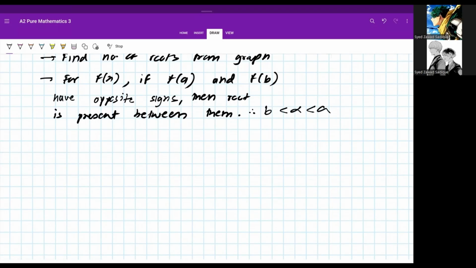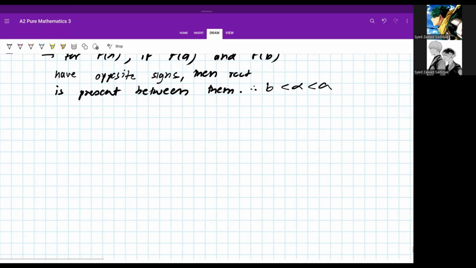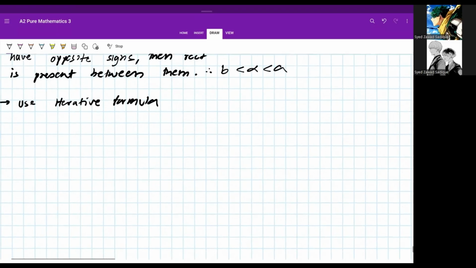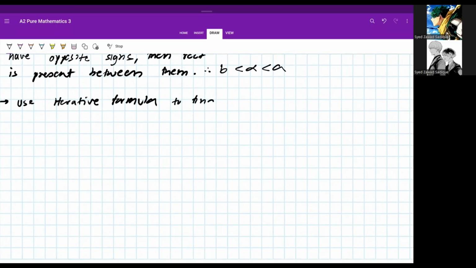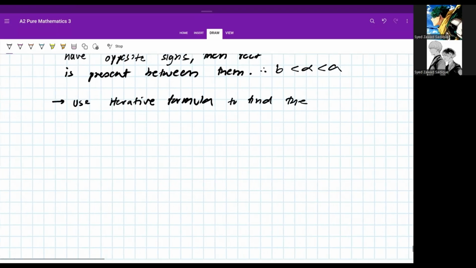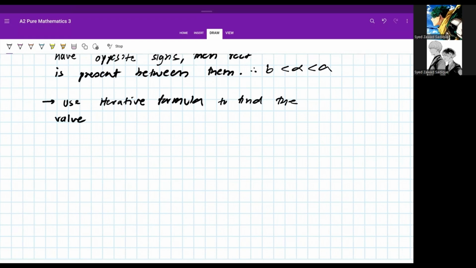Okay, guys. And finally, you have to use an iterative formula. This is the new thing. Iterative formula to find the value of alpha.